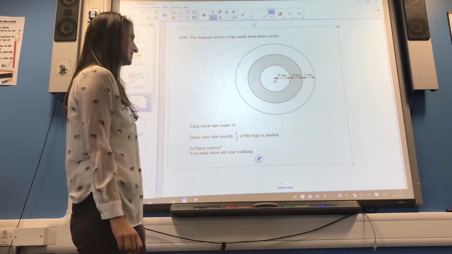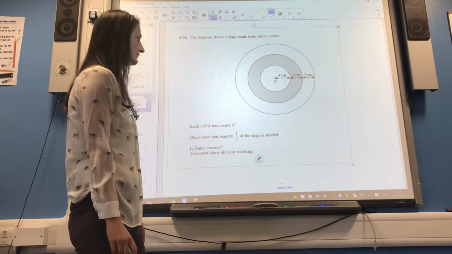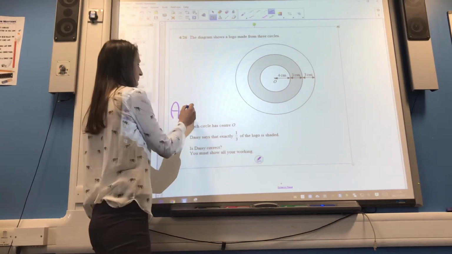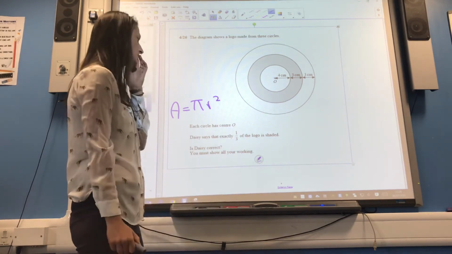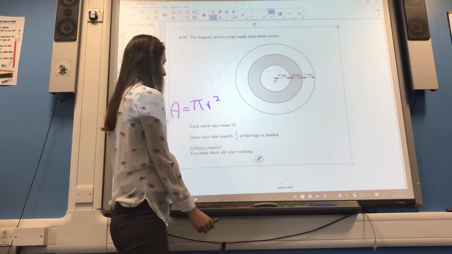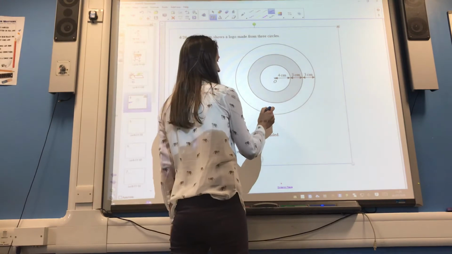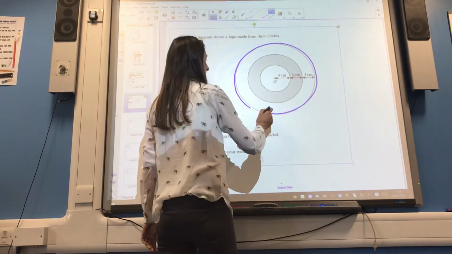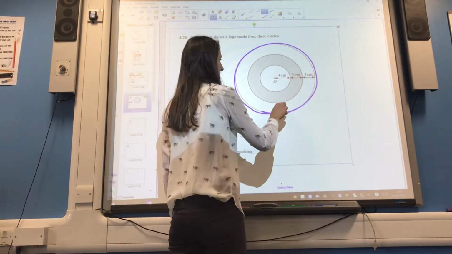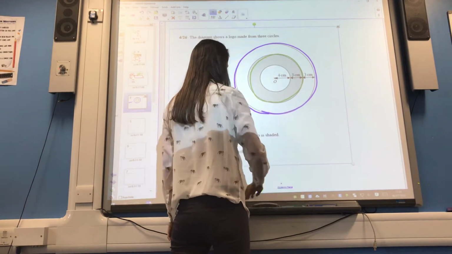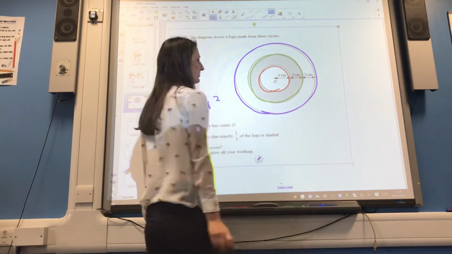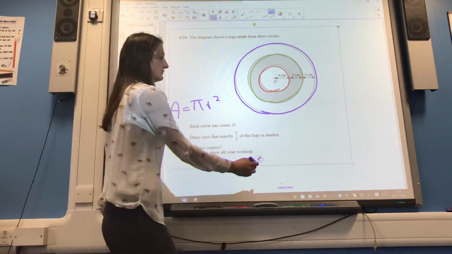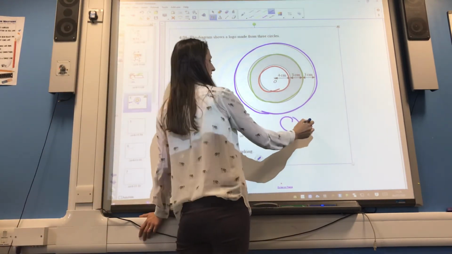The final question is all about realising that the formula you need to use here is for area, so your formula is pi r squared. You also really need to realise that in this problem there are 3 circles. So a good way to start is to think about them. You've got the big circle.